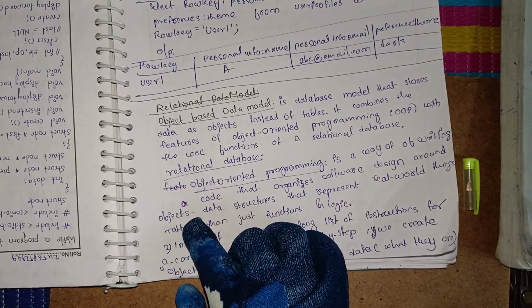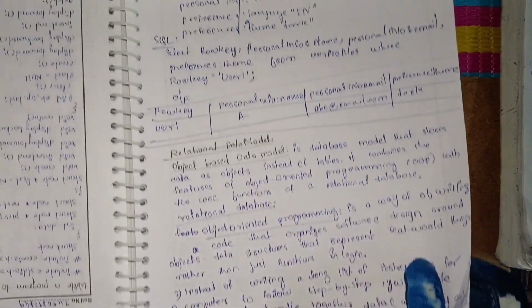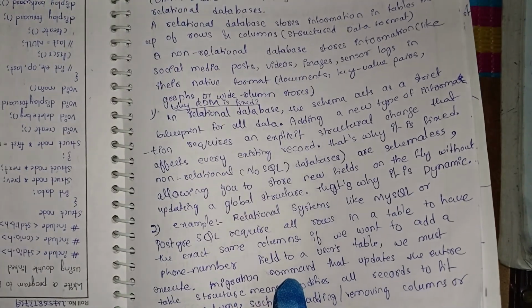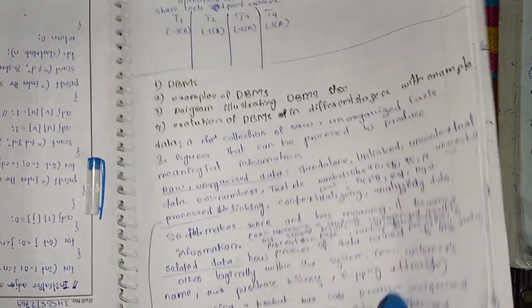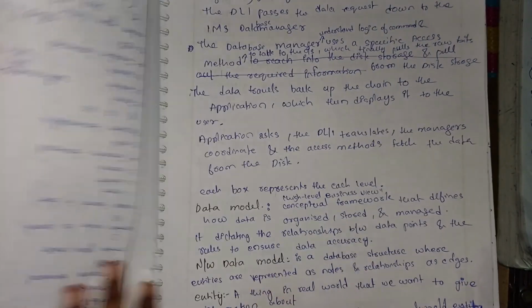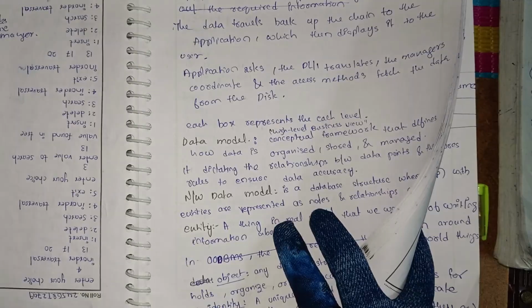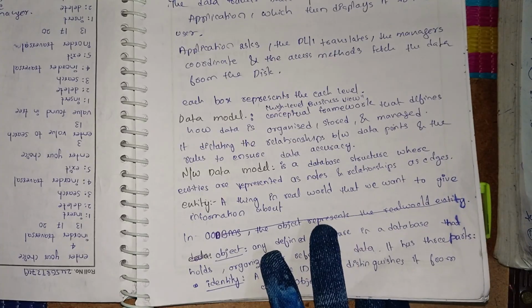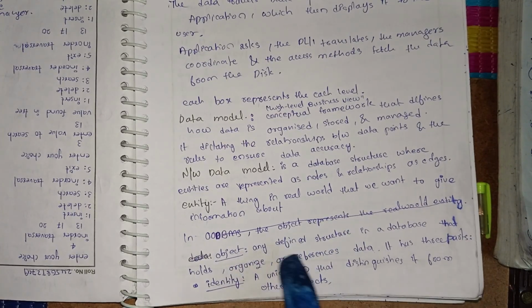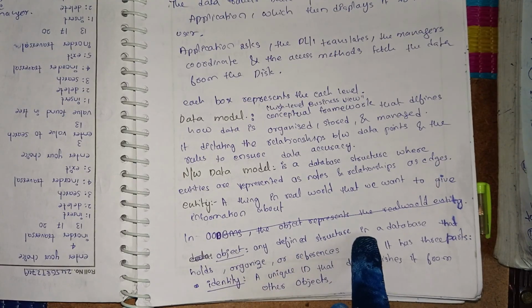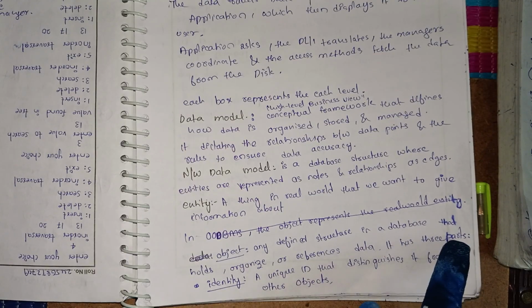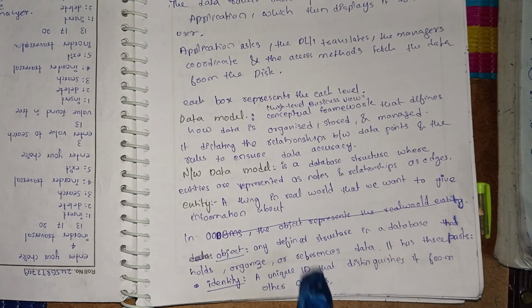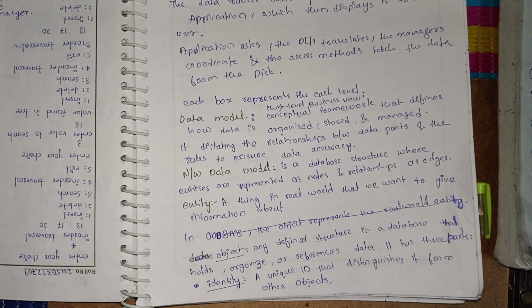So what does object mean here? Object in the DBMS means any defined structure in a database that holds, organizes or references data. It has three parts. So, any defined structure in the database. Database is what?